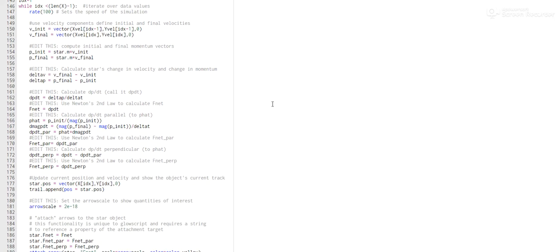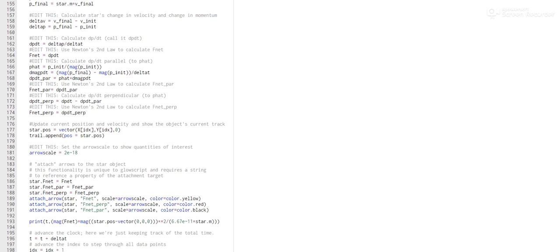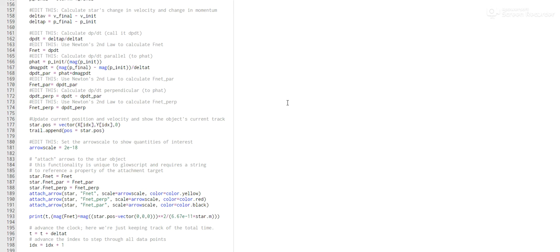Then, using the velocity, I calculated the initial and final momentum, which I then used to calculate dp dt as delta p over delta t. Then, to calculate the parallel and perpendicular components, first the parallel was the magnitude of p final minus the magnitude of p initial over delta t, and the perpendicular component, I just did dp dt minus the parallel component.